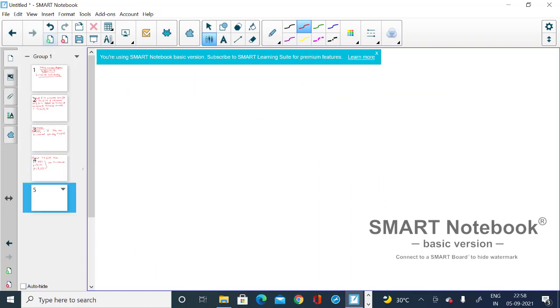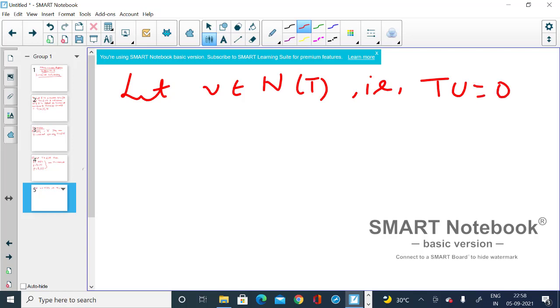Let v belong to the null space of T. That means v is in the kernel of T, so T of v is nothing but 0. Now we need to check that T of v is also in the kernel.